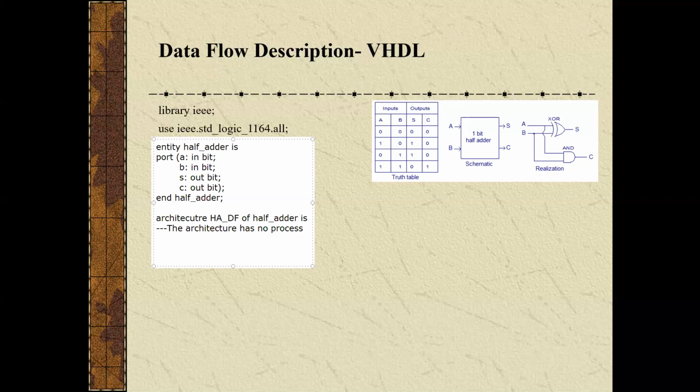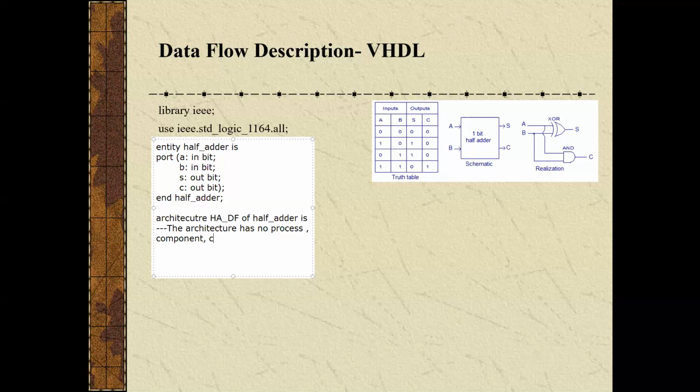Remember this term process, a predefined word: where do we use it? Behavioral architecture. And component: in what type of architecture do we use component? In structural architecture, we have used component. In behavioral architecture, we have used process.